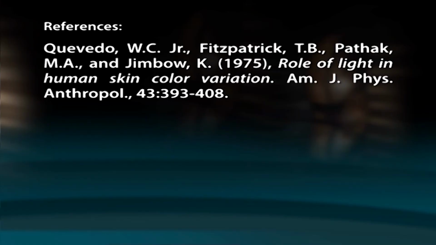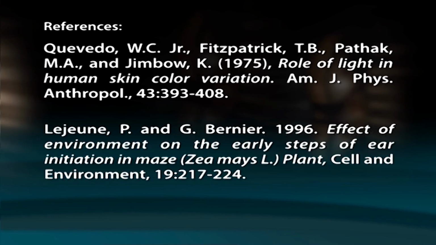Now, let us see some references which you can refer to for the part which we have already discussed. The first is a research paper entitled Role of Light in Human Skin Color Variation, authored by Quevedo, Fitzpatrick, Pathak and Jimbow in the year 1975, published in the American Journal of Physical Anthropology, volume 43, pages 393 to 408.